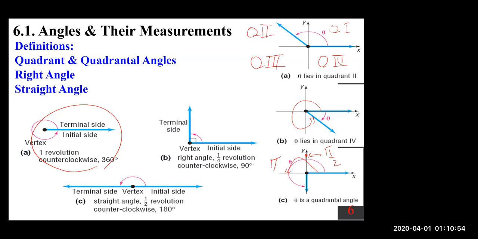And a straight angle is 180 degrees or pi radians, or half of a revolution, however you want to put that. So again, refreshing everyone's memory about some basic stuff that we have seen in trig. I'm going to assume we are ready to move on, everybody.